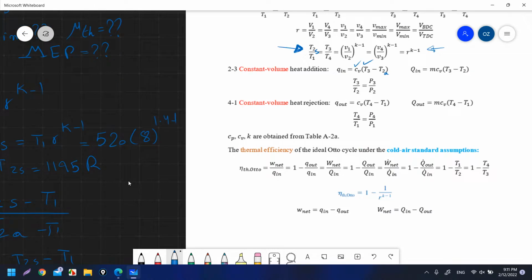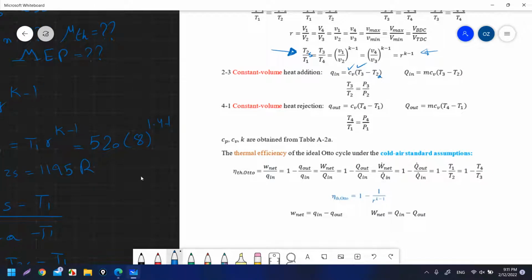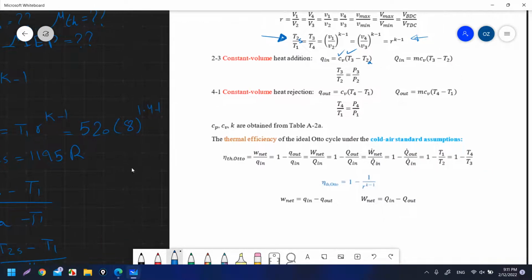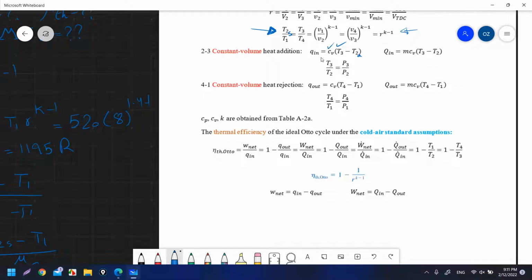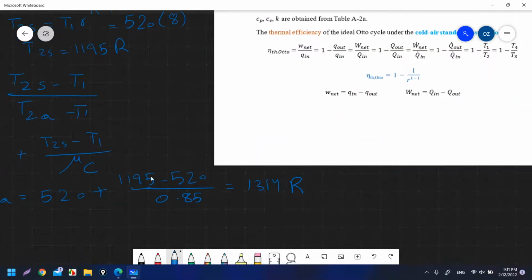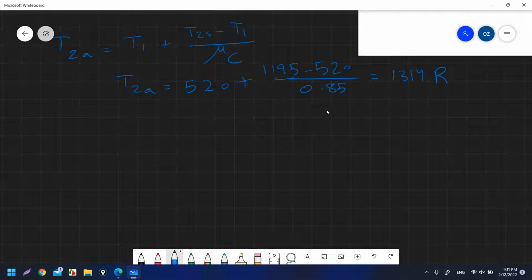Now I have T2A, and I already have T3, and T3 is the same for the actual and ideal. So I can get CV from the table and find Qn. Qn is equal to CV times (T3 minus T2A), the actual one. CV from the table is 0.171.